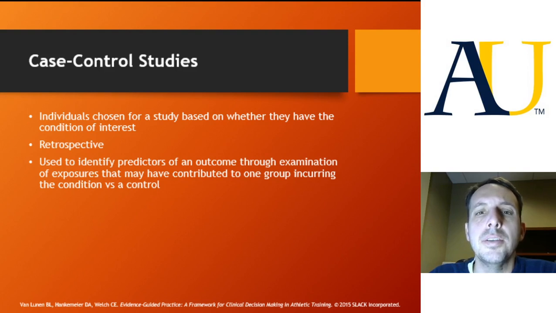One way that the case control study can be increased in its overall methodological strength is by trying to match the injured population to a matched control non-injured population that did the same sort of component. So in our cross-country team example, as opposed to testing the entire cross-country team in a prospective cohort study, if we were going to do a case control study, we would find the individuals that sustain that stress fracture, and we would test them for the measures of interest.